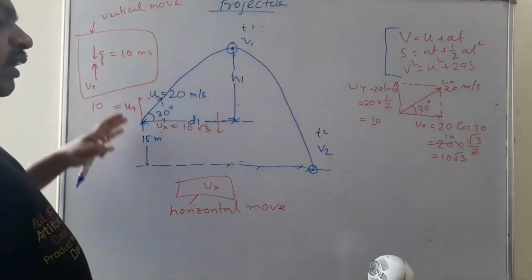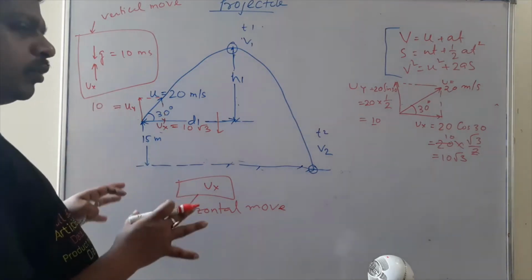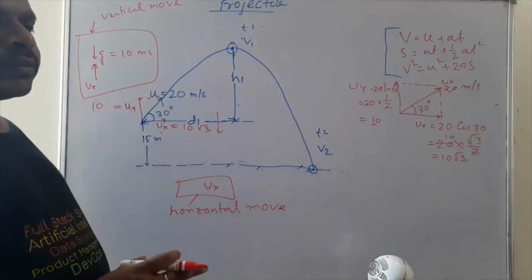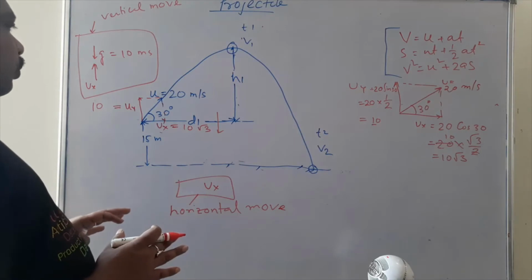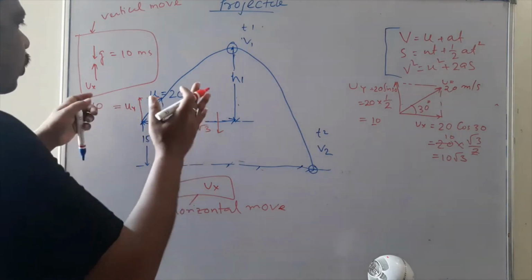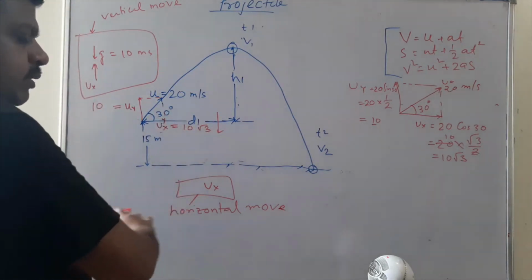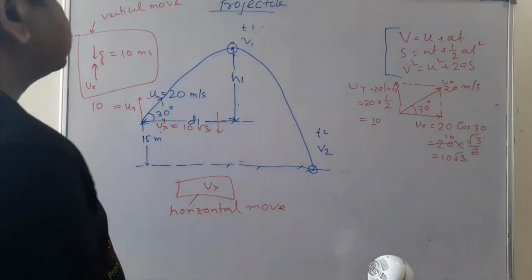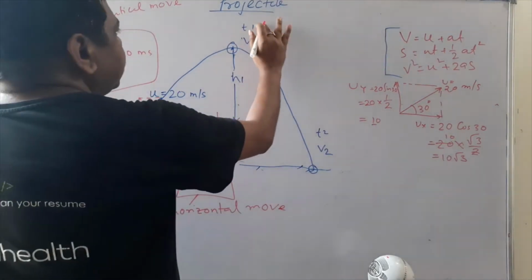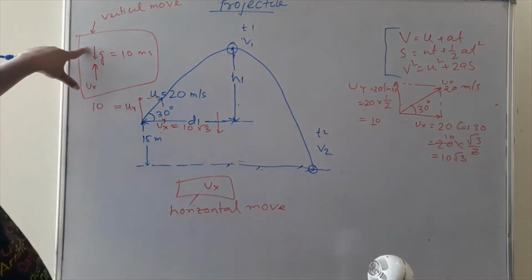This is the important thing you need to understand to solve any projectile problem. So we have to split that complex problem into two parts, one vertical and another horizontal. So now to calculate t1, we need to consider these things.